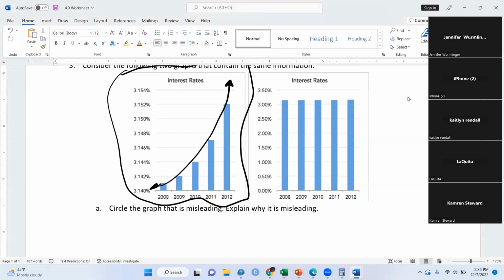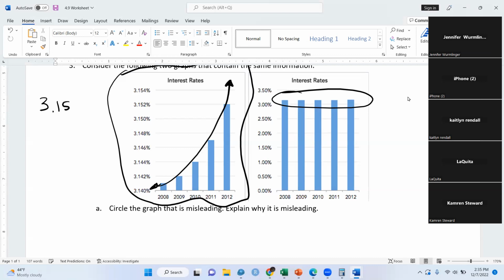This might be someone trying to claim that the economy is bad because interest rates are going up, or maybe it's positive. Maybe monetary policy is good because interest rates are going up. Someone might be trying to make a claim here that this increase is good or bad. When in reality, there's almost no change, and you can see that, right?